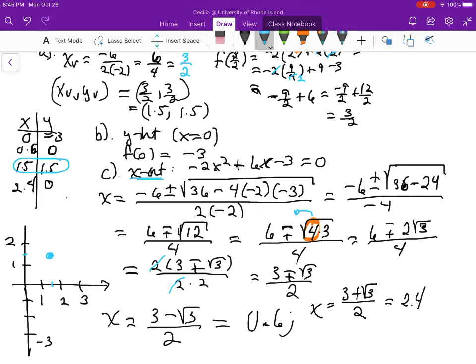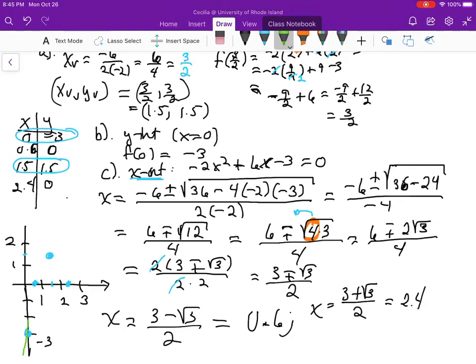Now we're going to put in our 0, -3 y-intercept. And then we're going to put in at 0.6, we're going to have an x-intercept. So it's just a little bigger than half, 0.5. And then at 2.4, we're going to be doing our other x-intercept. So this is a very narrow parabola.